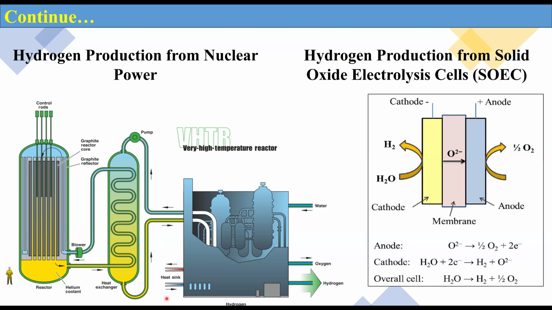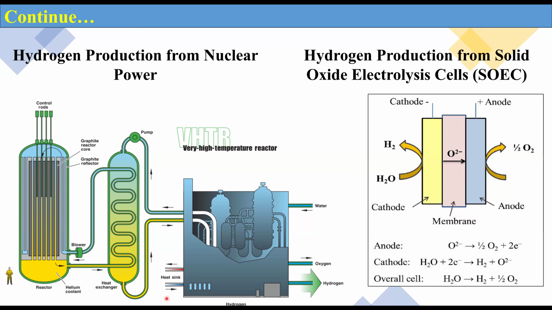The structure consists of a solid electrolyte which is sandwiched between two electrodes, anode and cathode. The solid electrolyte is typically made of ceramic material, that is scandia stabilized zirconia and yttria stabilized zirconia, that is ScSZ and YSZ.